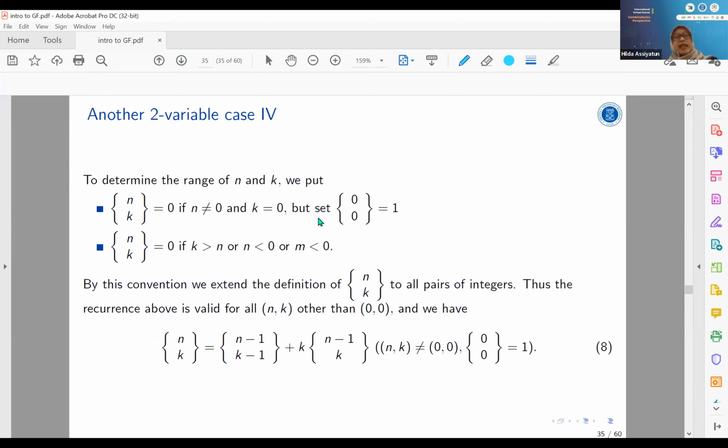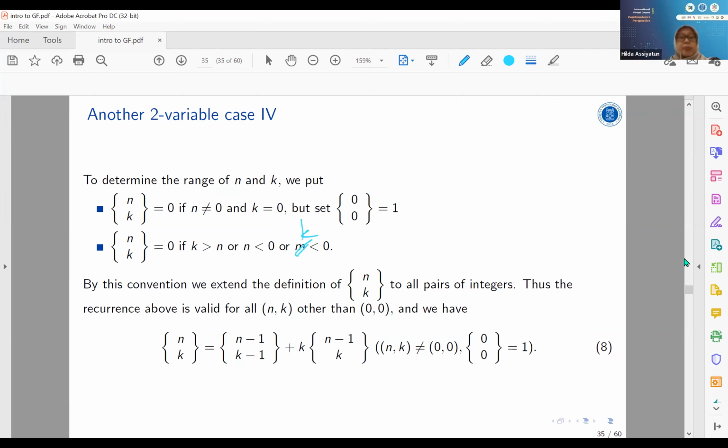But we set the value at 0,0 to be 1: the number of ways to partition an empty set into an empty set is just one way. Also, it equals 0 when k is greater than n, or n is negative, or k is negative.